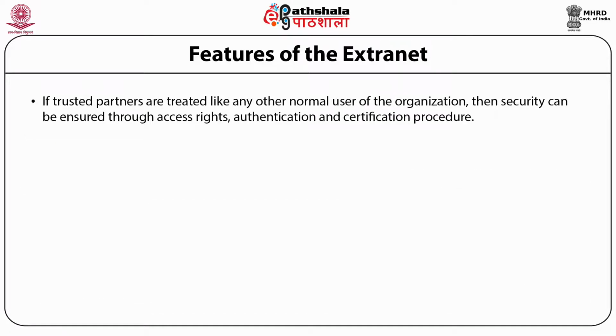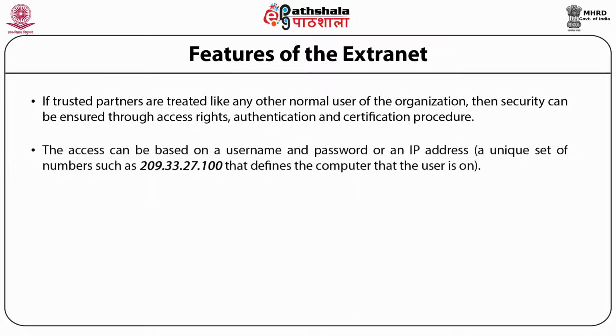If trusted partners are treated like any other normal user of the organization, then security can be ensured through access rights, authentication, and certification procedure. The access can be based on a username and password or an IP address, a unique set of numbers such as 209-3327-100 that defines the computer that the user is on.